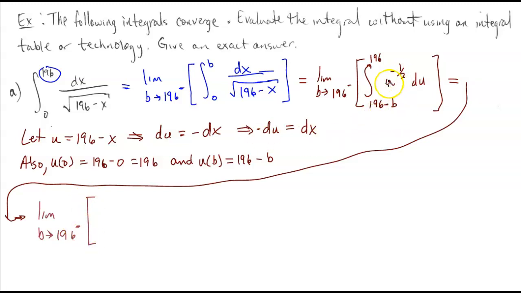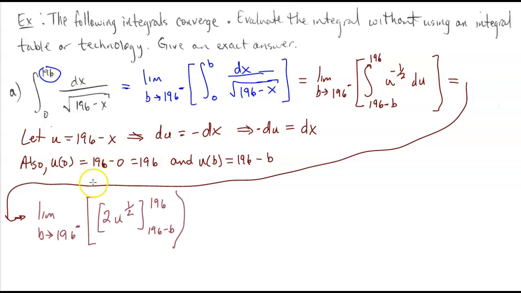The antiderivative of u raised to the negative 1/2 will be 2 times u raised to the positive 1/2. And that, of course, will be evaluated from 196 minus b to 196.